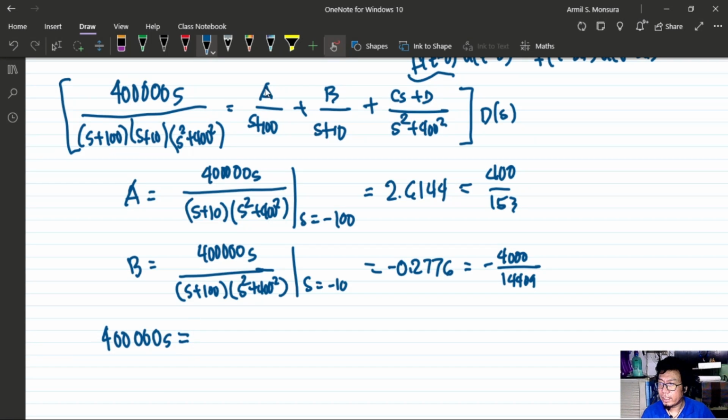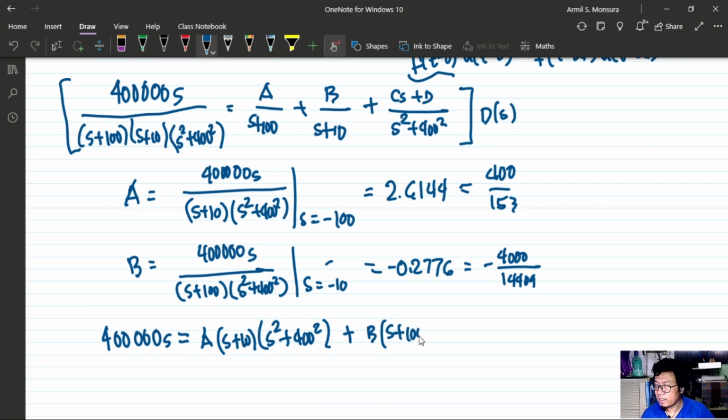The A here cancels out what we essentially multiplied, which is these factors. When you multiply these factors with this one, they cancel out. So what is left multiplied to A is s plus 10 multiplied to s squared plus 400 squared.